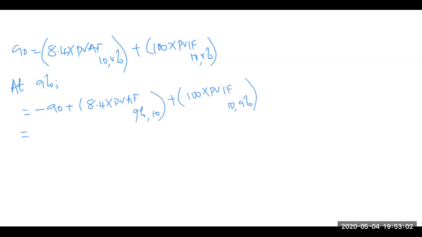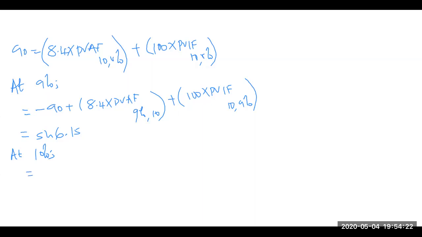What do you get? Okay, and we get 6.15, positive, I suppose. Now, what if we discount the same cash flows, but now at 10%? So at 10%, this is a second discount rate.